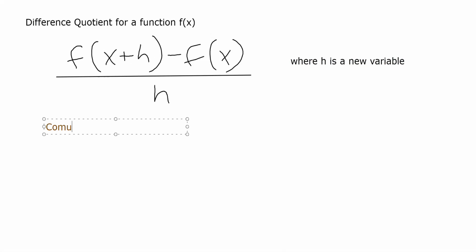So let's compute the difference quotient. And if I'm ever using the term difference quotient, I'm automatically referring back to this thing. Let's compute the difference quotient for a function. Well, let's do our little 3x minus 5 that we had earlier.